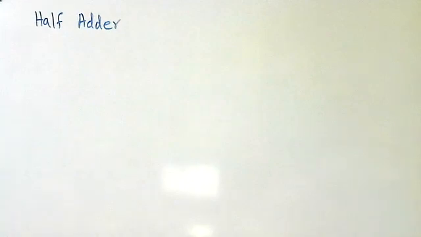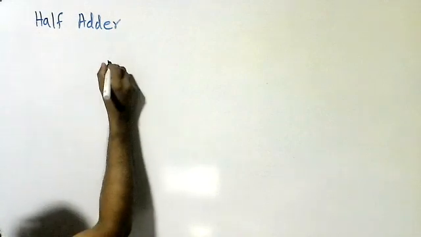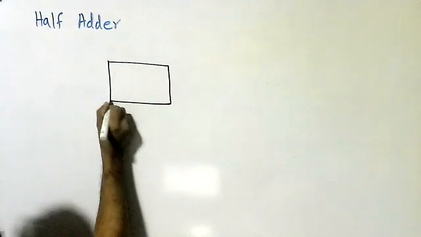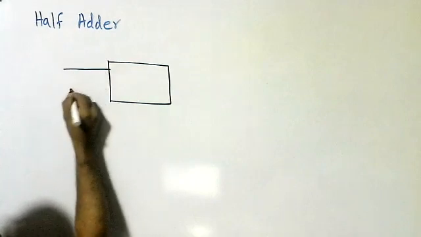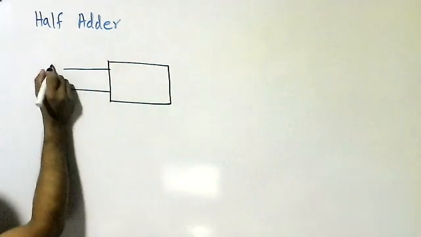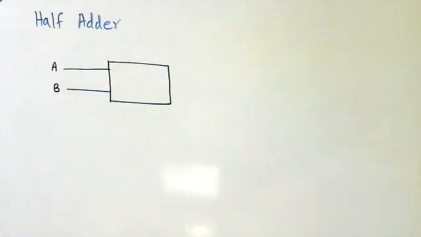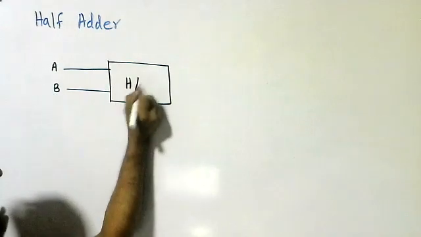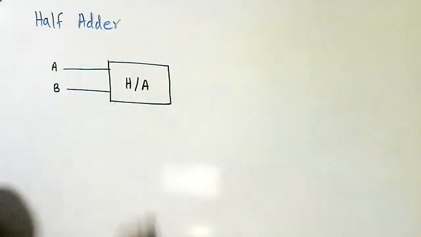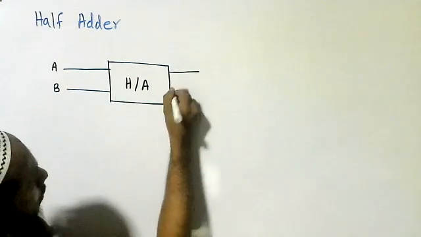Half adder is used to add two single bit numbers. So you can have a simple diagram like this. We'll consider two inputs as A and B. Okay, half adder is here, and there are two outputs.